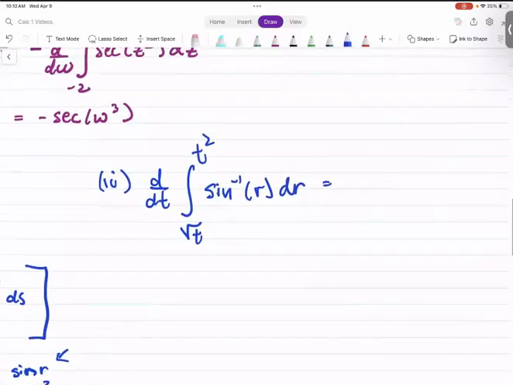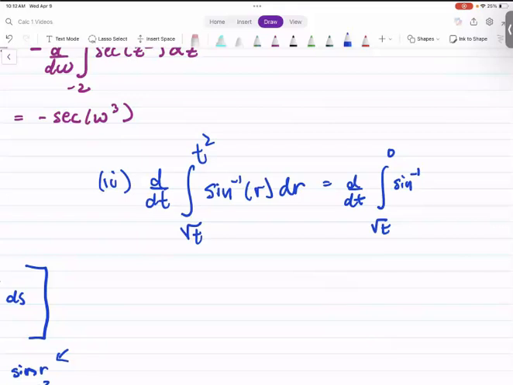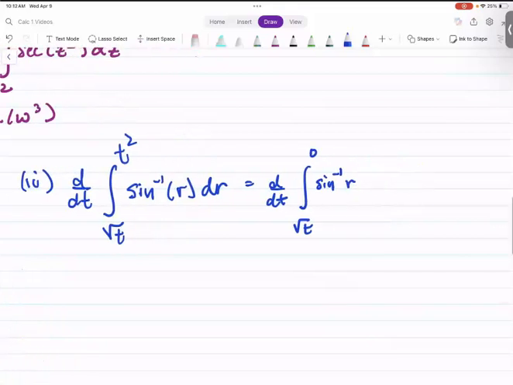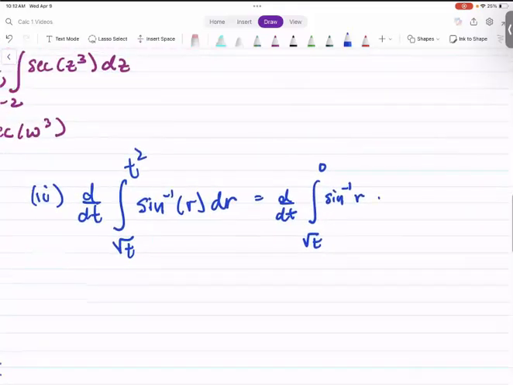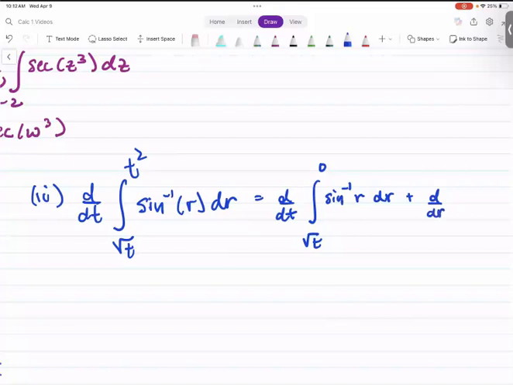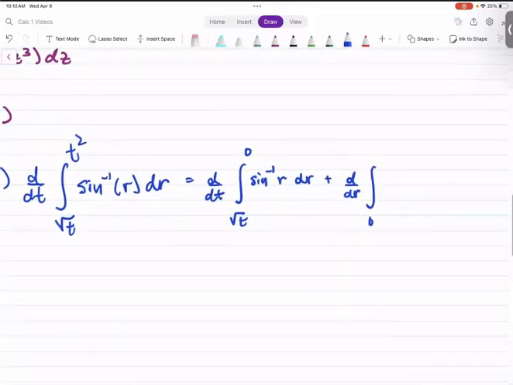So we're going to be looking at d/dt of the integral from square root of t up to 0. You can pick any one you want, as long as it's defined on the inside. Sine inverse of r dr, plus d/dt of the integral from 0 up to t squared of sine inverse of r dr. Before we do it, we got to flip this one.